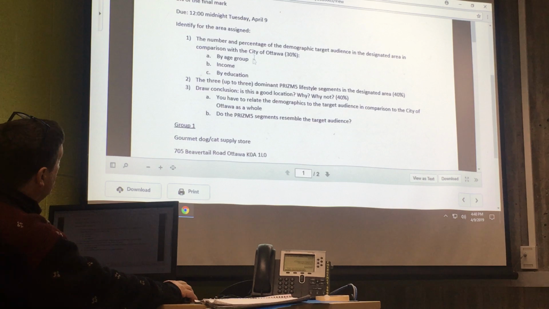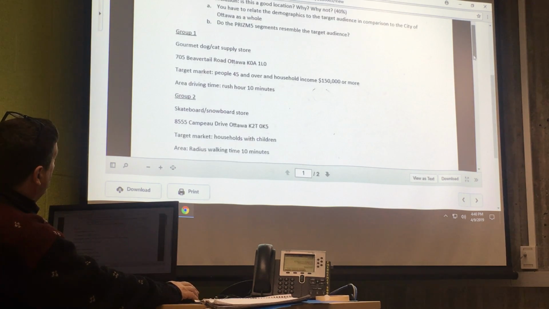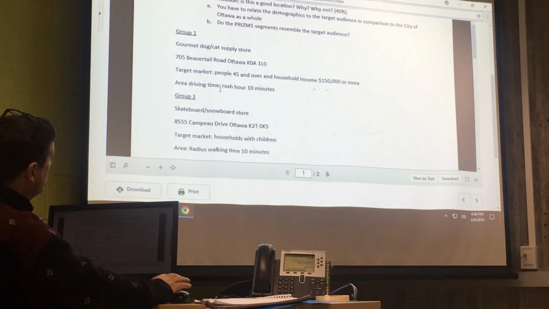You're always comparing with the city of Ottawa. People 45 and over, proportion household income 150,000 or more, area driving time. So it's 10 minutes by driving, rush hour.